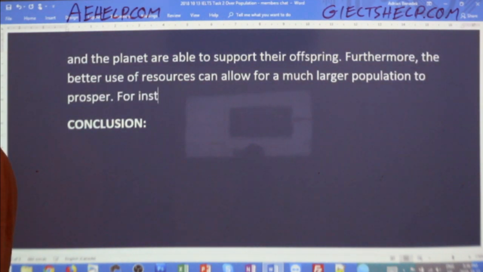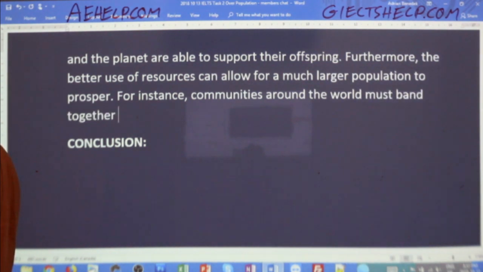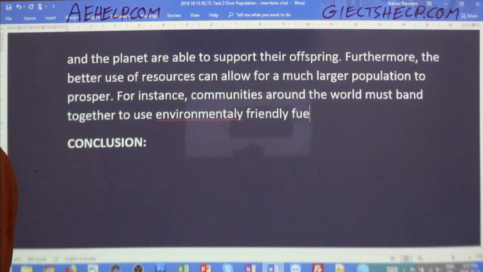For instance, world communities or communities around the world must band together to use environmentally friendly fuels.